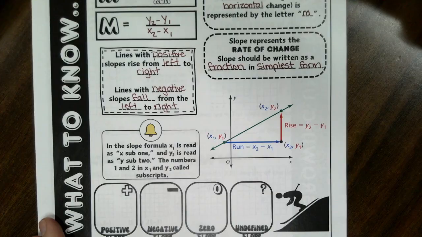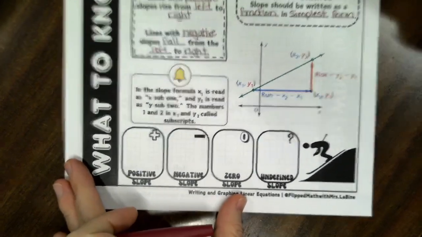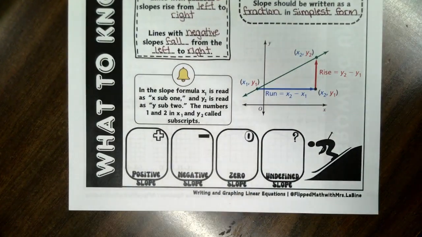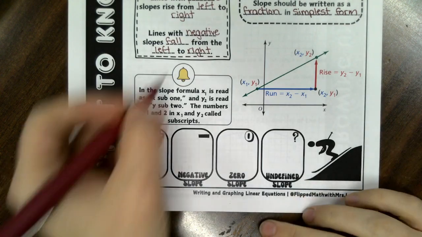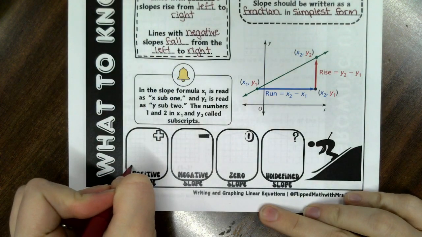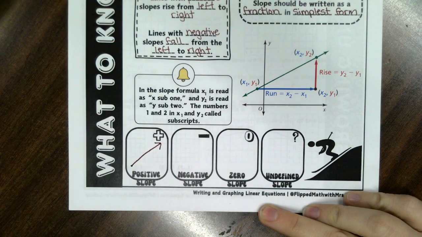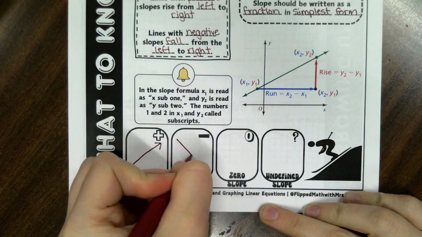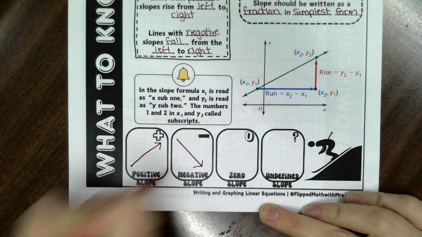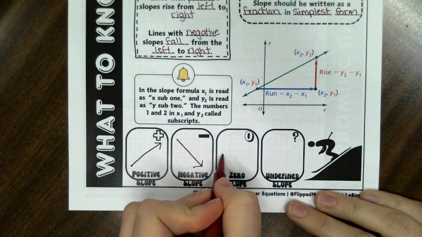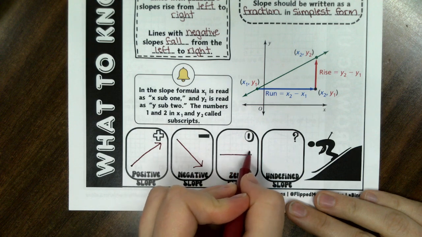Here's a couple different types of slope that you're going to be seeing in this unit and maybe a little bit after this too. So positive slope, we learned, rises from the left to the right. Negative slope falls from left to right. Now zero slope is a straight horizontal line.